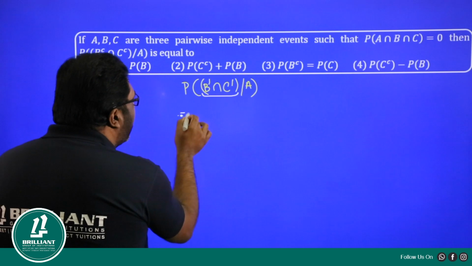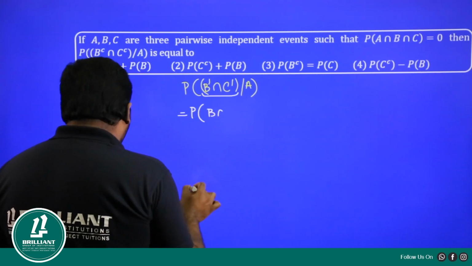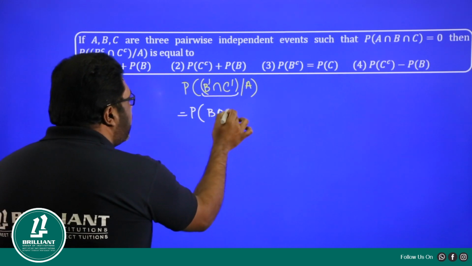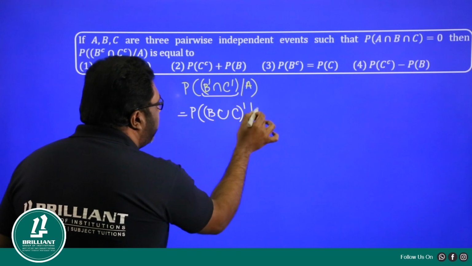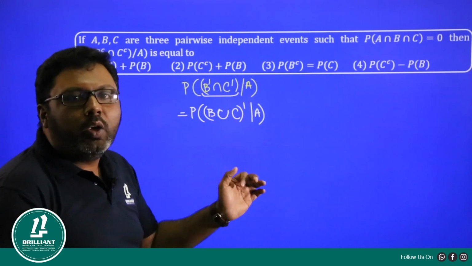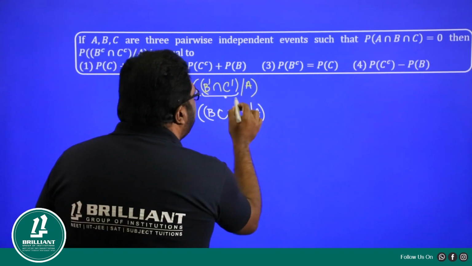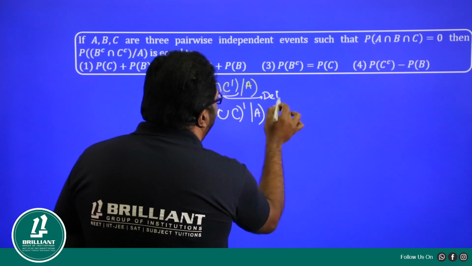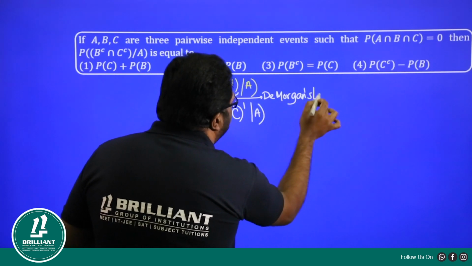According to De Morgan's law, B complement intersection C complement is B union C, the whole complement, given A. What happened over here? I applied De Morgan's law.